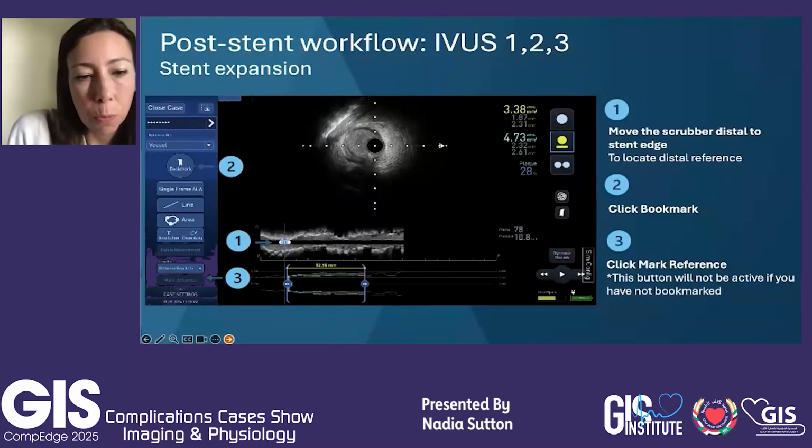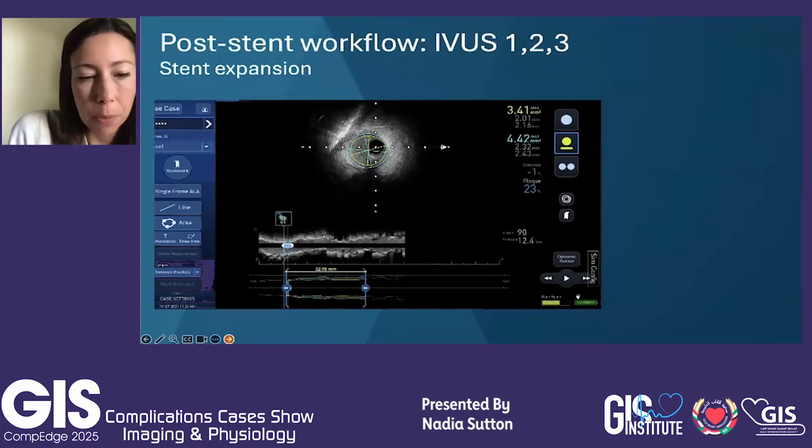This will provide a reference for which you can scroll through your stented area to determine not only the percent of plaque, but also the degree of stenosis relative to wherever you have planted your bookmark.